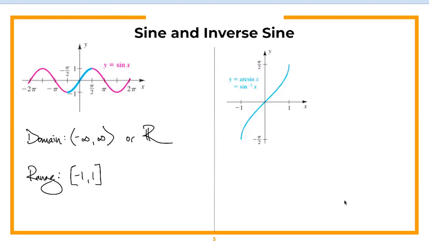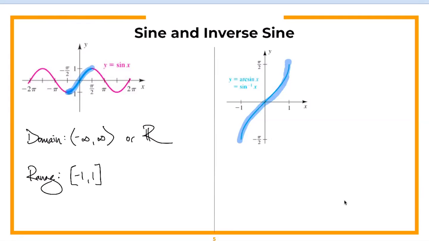Now, if I look at the graph, I notice that there's this blue piece that's highlighted here. And that blue piece, if I reflect it over the line y equals x, will give me this blue piece.